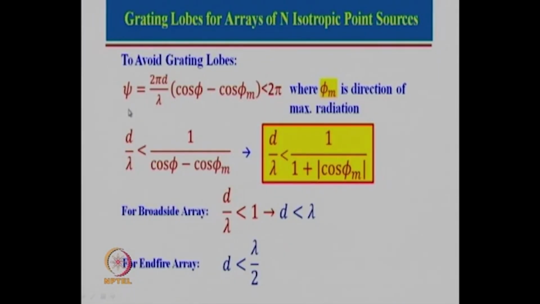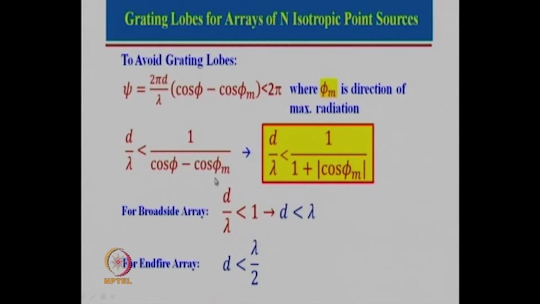So, we have seen that psi is given by this particular expression, and this should be less than 2 pi, where phi m is the direction of maximum radiation. Just to recall, if phi m is equal to 0 degrees, that will be an end fire array, and when phi m is equal to 90 degrees, that will be a broadside array. So, the condition is that psi must always be less than 2 pi. If we simplify this, we can see that d by lambda should always be less than this term.